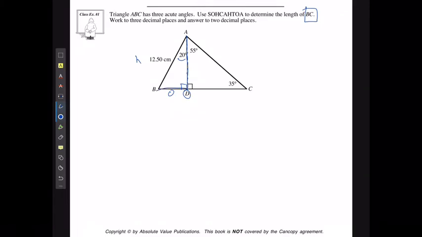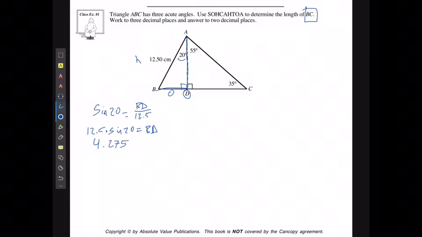So I'm going to say, well, if sine 20 is equal to the length of B going to D divided by the hypotenuse, 12.5, then 12.5 times sine 20 is going to equal the length of B to D, which means that 4.275, if I go to 3 decimal places, is going to be my BD.